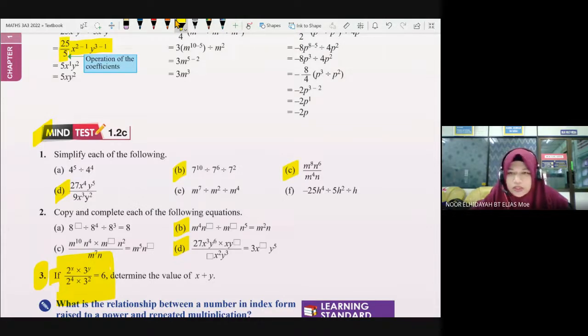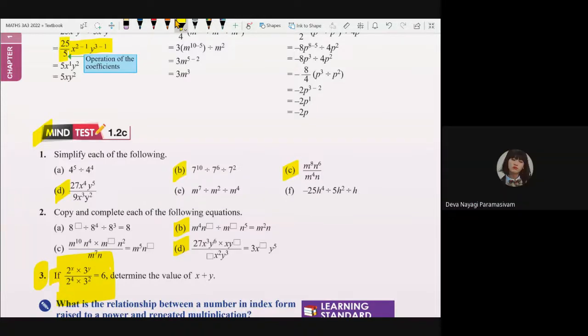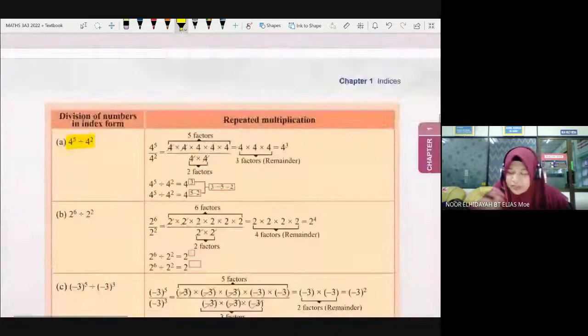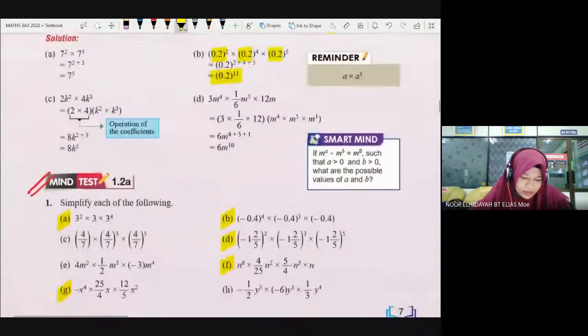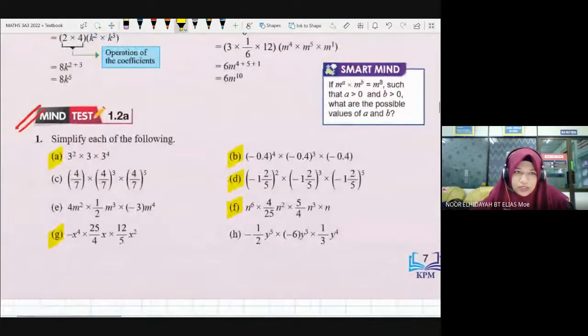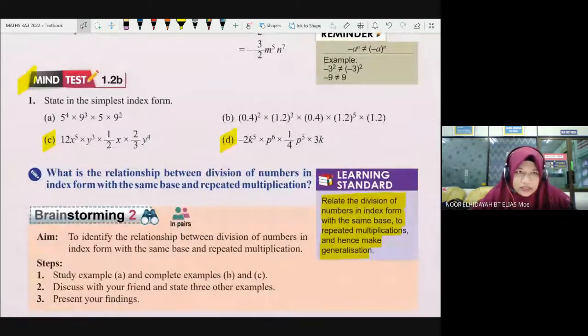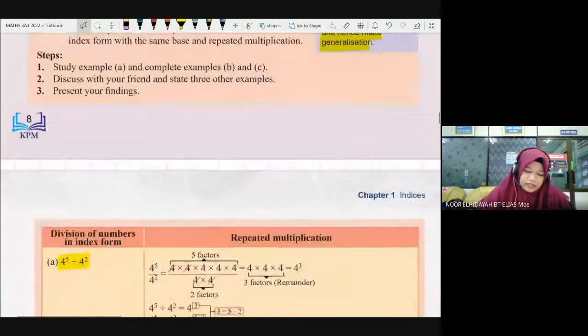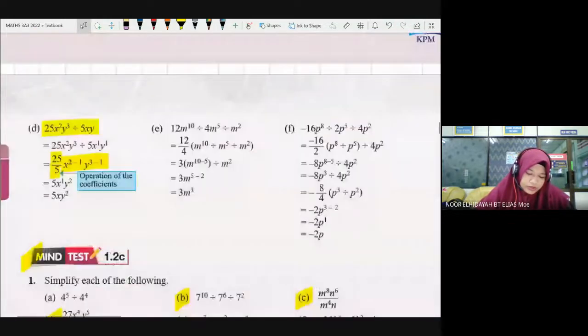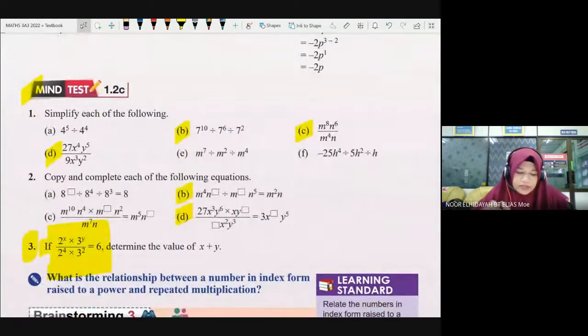Do you need teacher to show again the exercises you have to do? Is there anyone who didn't manage to jot down? Okay, no problem. Teacher will show it anyway since there are 4 minutes left, so those who missed it can look again. For 1.2A, tick A, B, D, F, G. And then for 1.2B, C and D only. And the last one is 1.2C. Number 1, BCD.